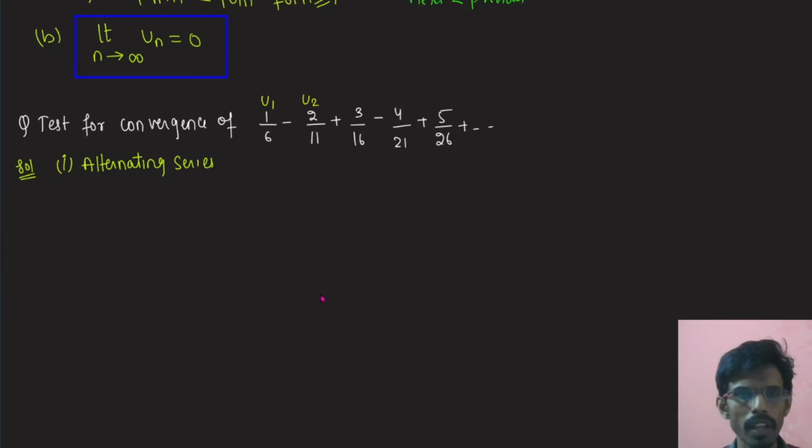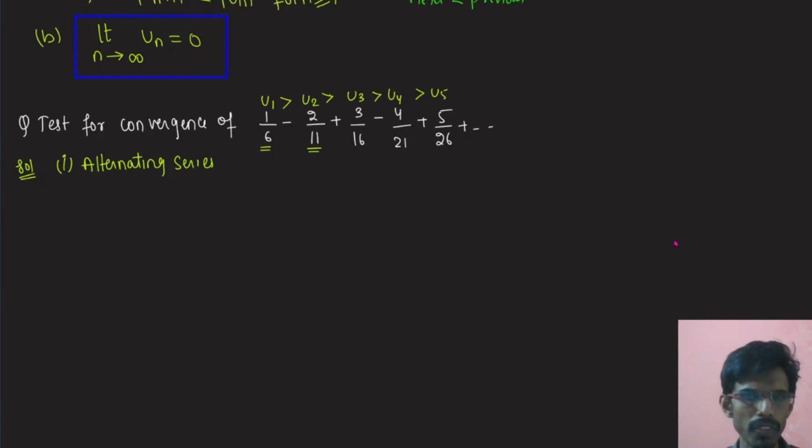Second term u2. Now this u2 is less than u1. 2 by 11 means denominator is more than 6. So when denominator is more, the value will be less. So u2 is less than u1. u3 is less, right? u1 is greater, then u2 is greater, then u3 is greater than u4, and so on.